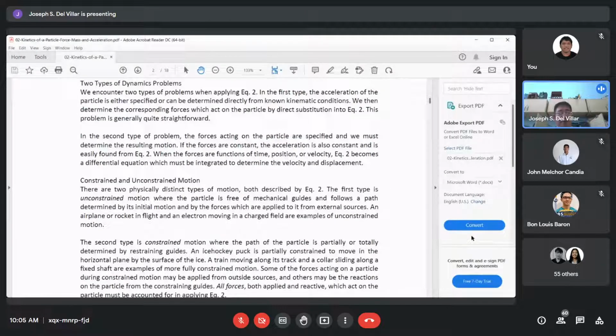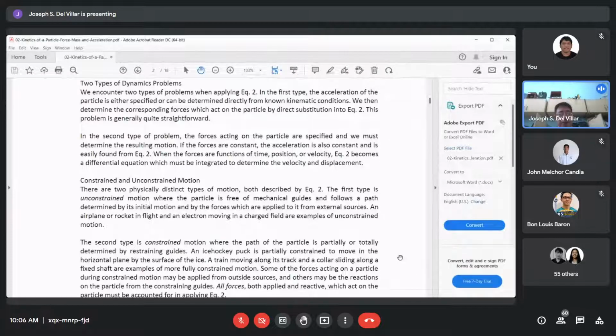An airplane or rocket in flight and an electron moving in a charged field are examples of unconstrained motion.